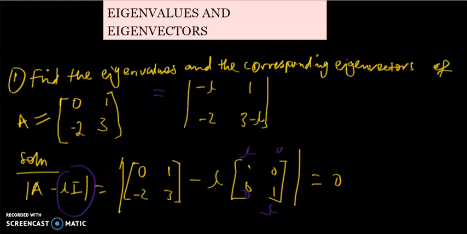At this point we find the determinant for this, and you know the way to find a determinant. Remember that when you are looking for a determinant, this is positive and this is negative, so don't forget that.